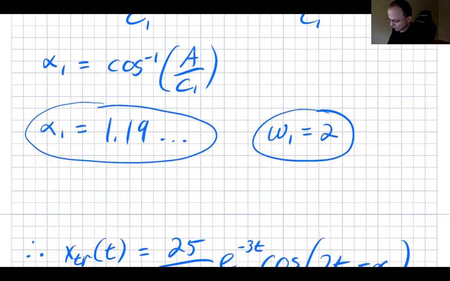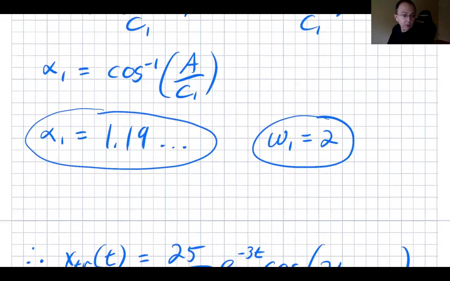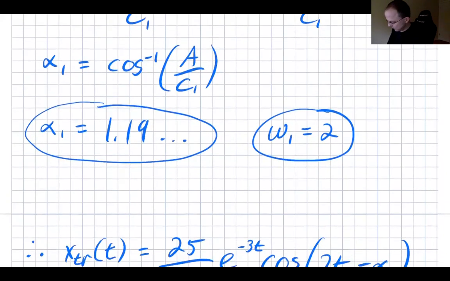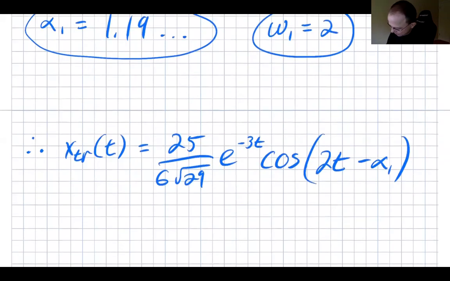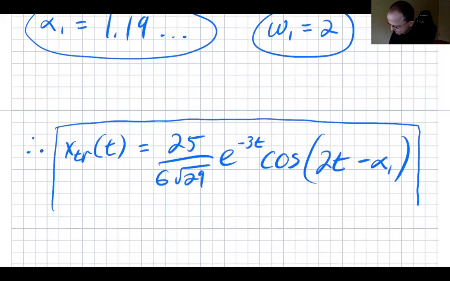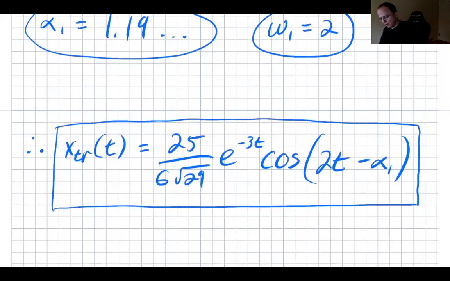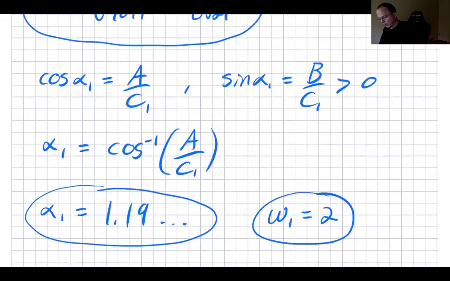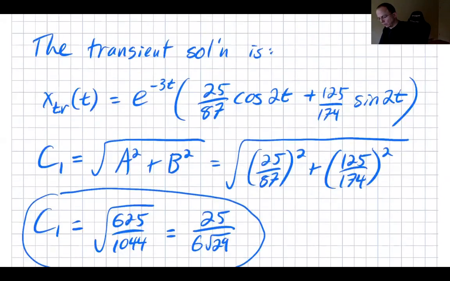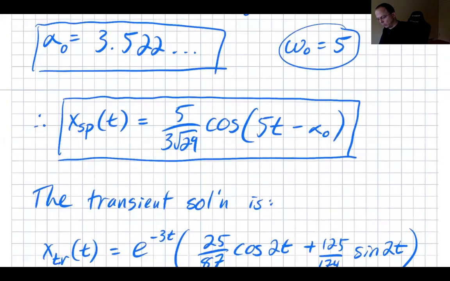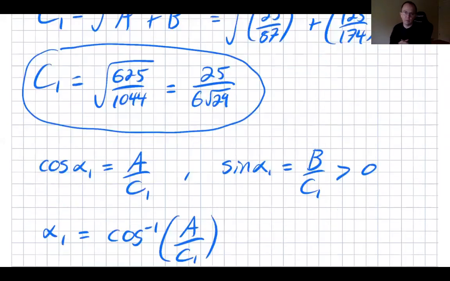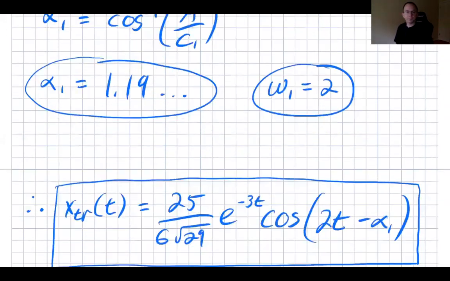And alpha 1 is given by this. Okay, so there it is. Now we have our transient solution and we have our steady periodic solution. So let's go ahead and do a plot of these to see how everything looks together.